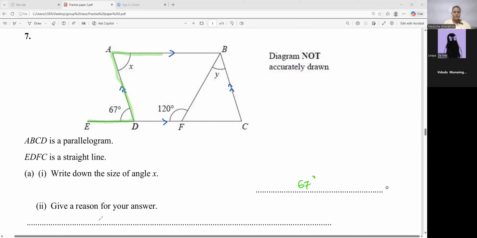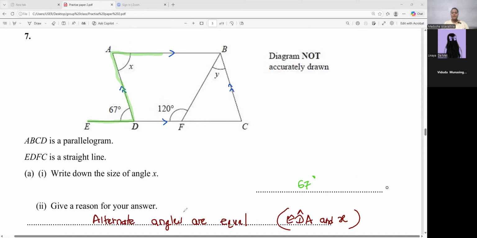Give a reason for your answer. Alternate angles are equal. Or you can write: angle EDA and X are alternate angles.